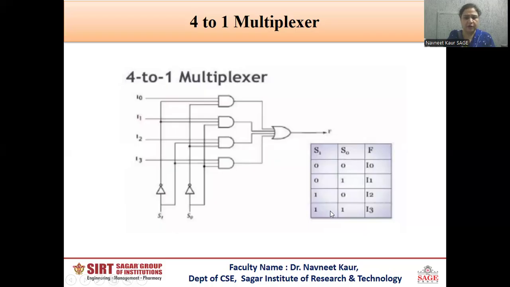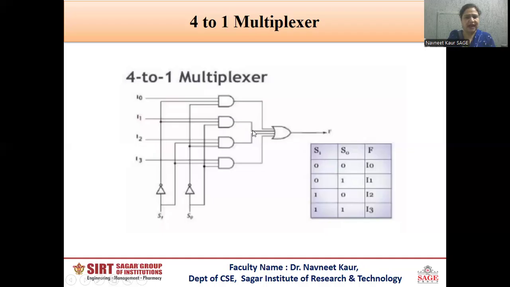Now, if any of the 4 combinations of S1 and S0 is selected, say I have the combination 0, 1 as S1, S0, in that case only the output of the second AND gate will be defined, whereas the other AND gates' outputs will be 0.